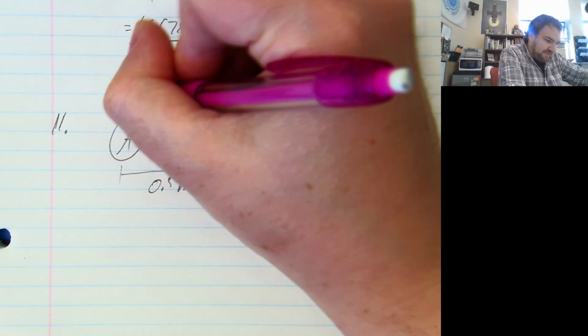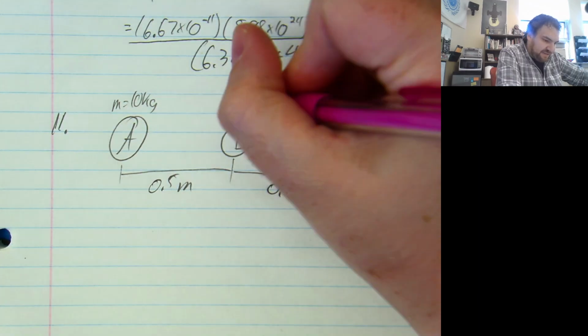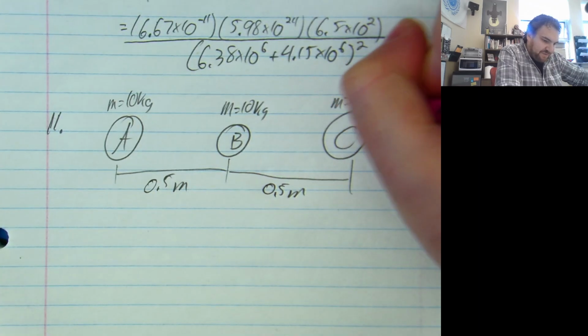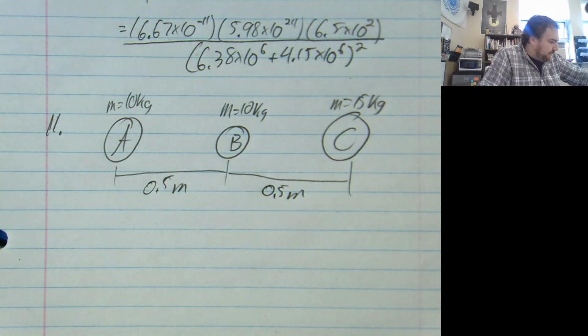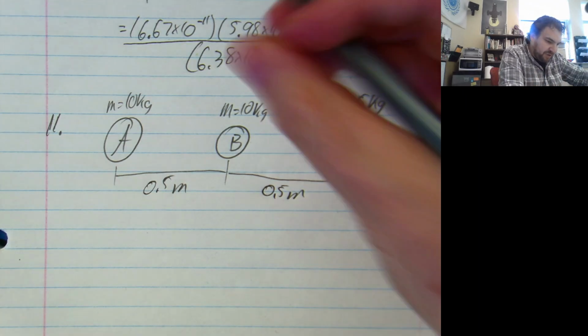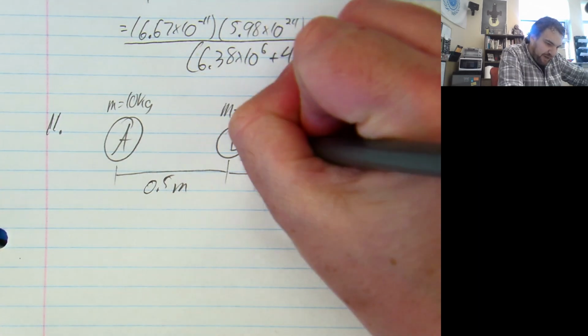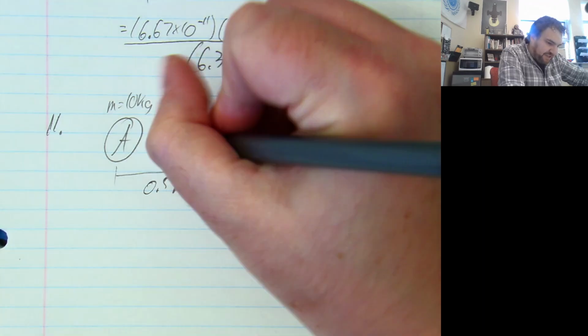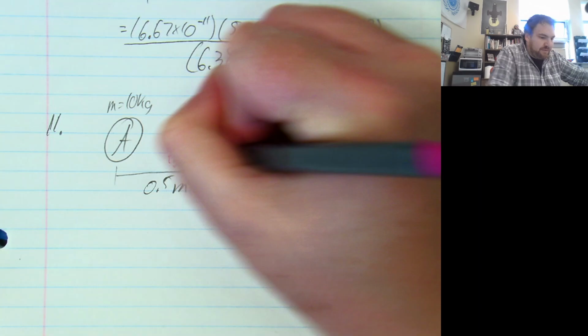This has a mass of 10 kilos. This has a mass of 10 kilos. This has a mass of 15 kilos. And we want the net force on object B. So this guy's going to have a force to the right, Fg from C. And it's going to have a force to the left, Fg from A.